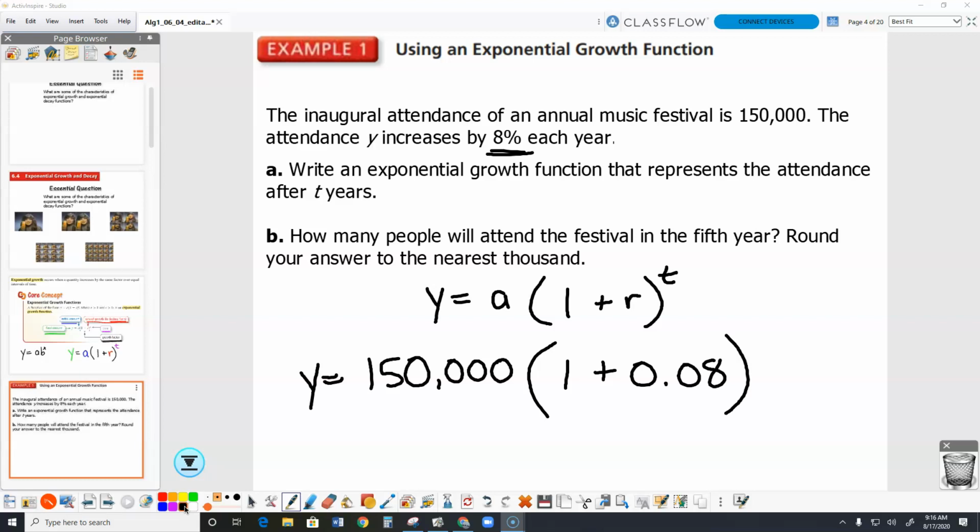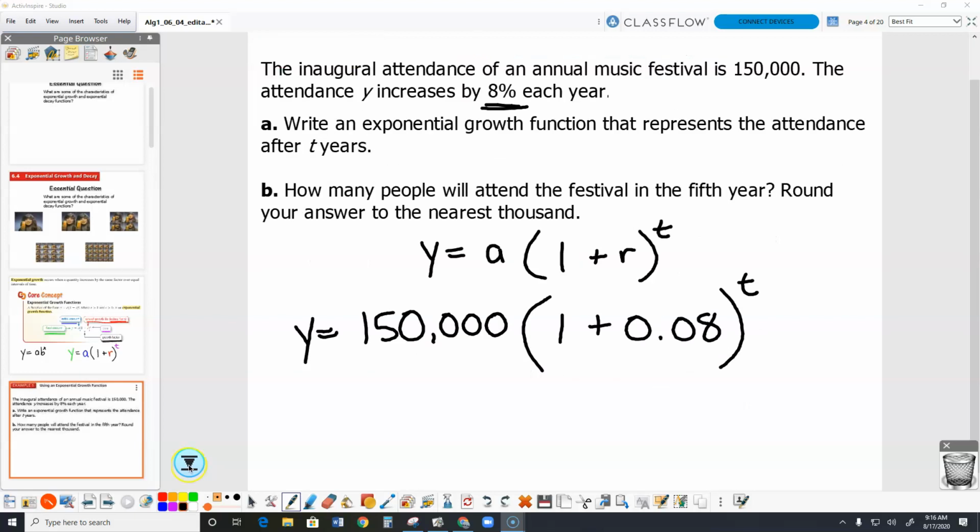And then we're going to have to the power of t for time. Okay, so we just now need to simplify this a little bit. In our parentheses, I can add those two together. So I'm going to have 1 plus 0.08. That's going to be 1.08.